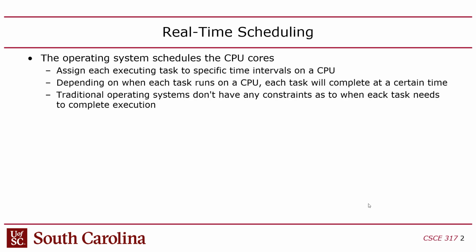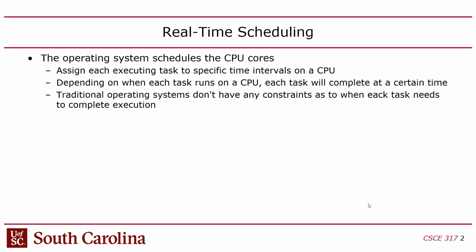All right? So Linux, which is, I guess, probably the most popular operating system in the world, right? Has no facilities whatsoever for saying this task must complete by a certain deadline. It tries its best, but it makes no guarantees.